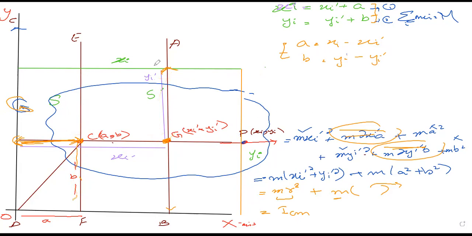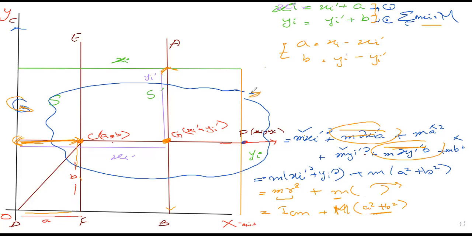So we can write generally this as plus capital M. As I said, mi basically was for all the particles, so it is changed here into capital M, showing the total mass of the particles, into a square plus b square. Now we know what a square plus b square is. It is the distance between these two axes.